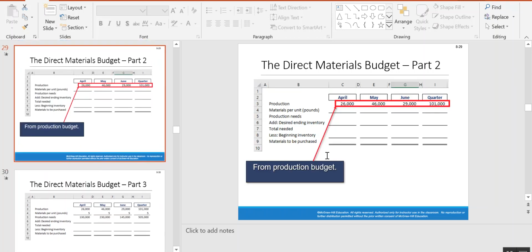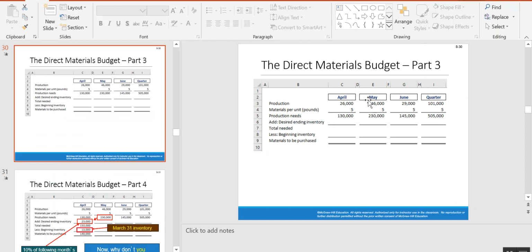Now, going through the direct materials budget, we begin with the production budget, where we identified the number of units we wanted to make. We then identify the number of pounds of raw material for each of those units. So each unit requires 5 pounds of material. So in April, we take 5 times 26,000. We get 130,000 pounds of material as production needs for April. Now we need to add in what we want to have in desired ending inventory, which is 10% of the next month's production needs.